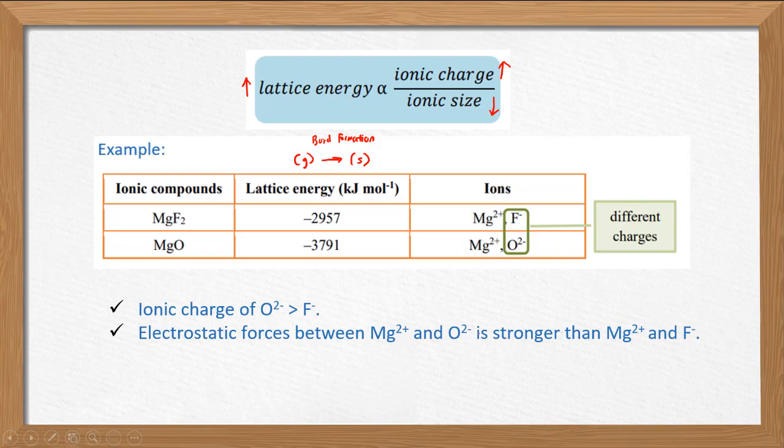You need to mention the electrostatic forces between cation and anion in that compound, and finally conclude that the lattice energy of magnesium oxide is greater than magnesium fluoride. So this is the example where we compare the ionic charge. The bigger the charge, the bigger the lattice energy.